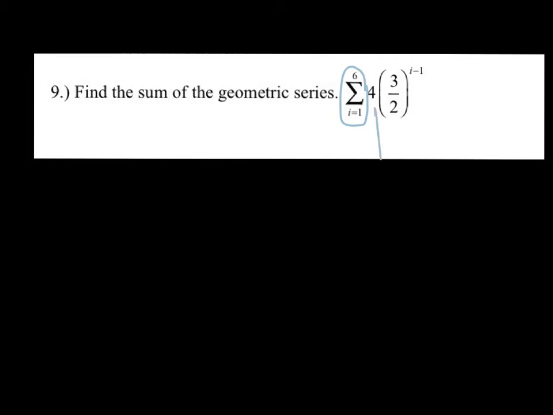So 4 is your a sub 1, 3/2 is your ratio, and the series says you're finding the sum of 6 terms. So you have everything you need.